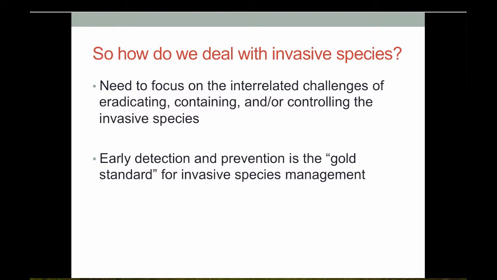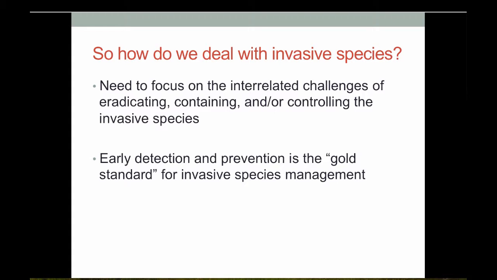And so I think what you really need to do first is focus on these interrelated challenges of eradicating, containing, and controlling the invasive species. And that's really going to dictate how you approach your invasive species management plans as part of your restoration project.